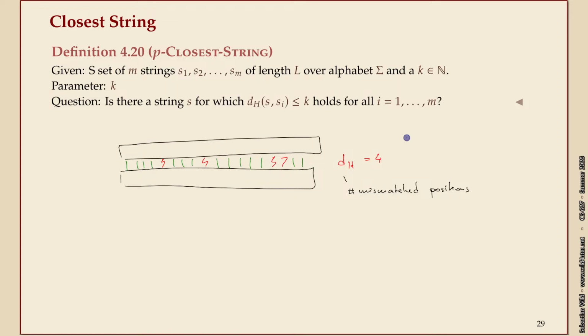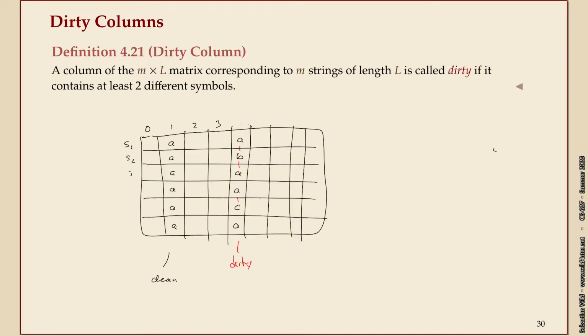So here we're looking at an exponential time algorithm, but we're trying to make the exponential part only depend on the parameter. The first step was to classify columns as dirty and clean, where columns refers to this matrix representation, just writing the strings one below the other. And a dirty column is just any column where any two strings differ. And clearly the clean columns don't make the problem interesting. You can ignore them.